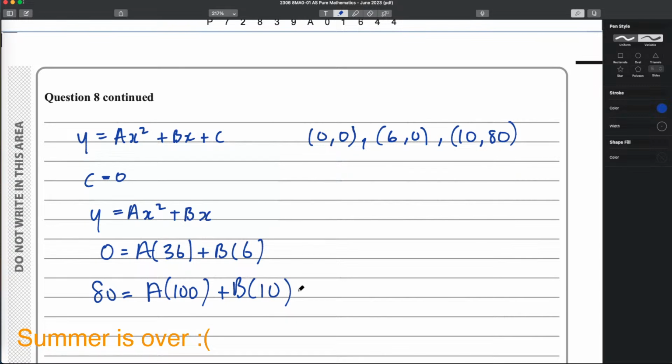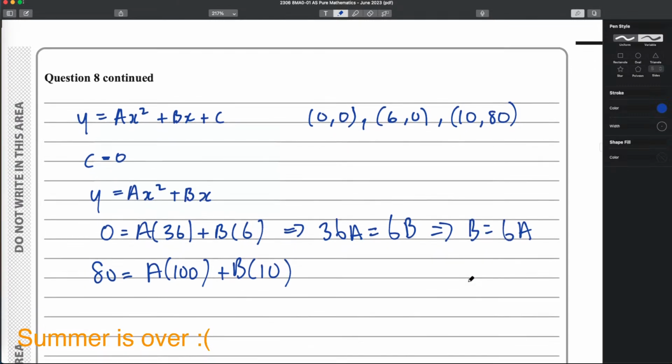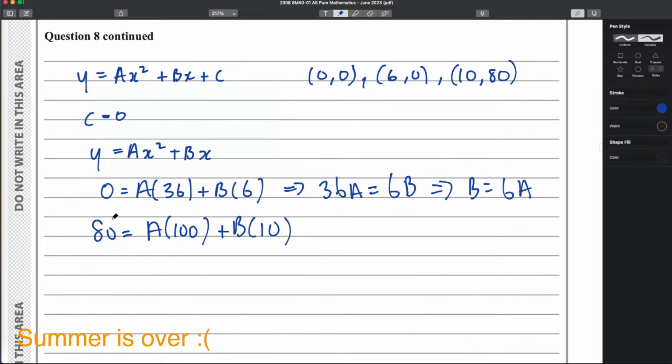I was hoping to solve these like simultaneous equations, but now I'm not sure. Oh. So b equals 6a. Okay, let's substitute that into this equation.